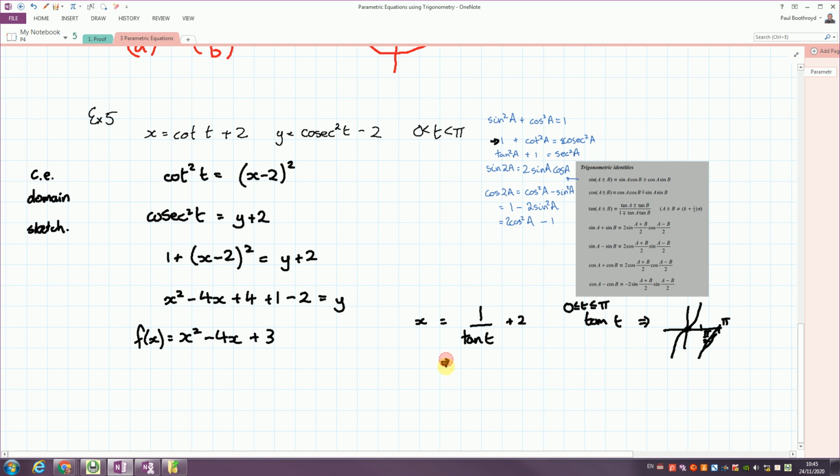So this leads to x belongs to all real numbers, or from minus infinity to plus infinity, but strictly should be all real numbers. So tan t is all real numbers, so if they're all real numbers, plus 2 is still all real numbers.